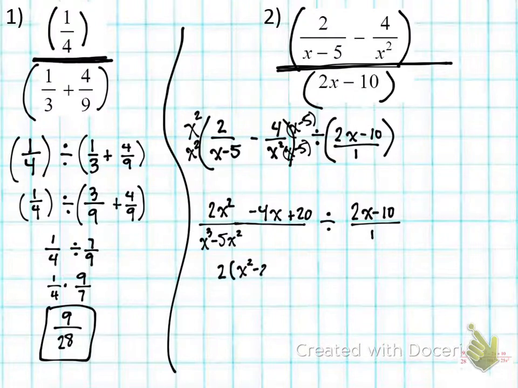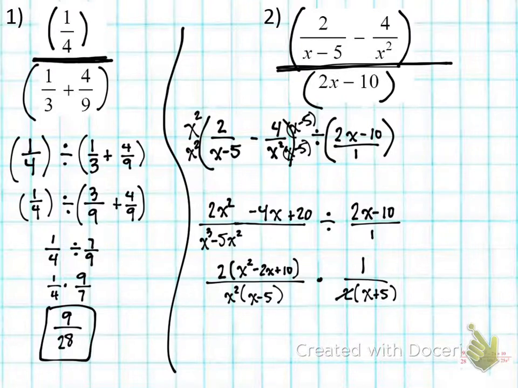This will be x squared minus 2x plus 10 all over, and in the denominator I could factor out x squared. Then I multiply by the reciprocal, but 2x minus 10 goes in the denominator now. I could factor out a 2 here also, which is nice because then I can cancel the 2's out. So 2 and 2 cancel out.